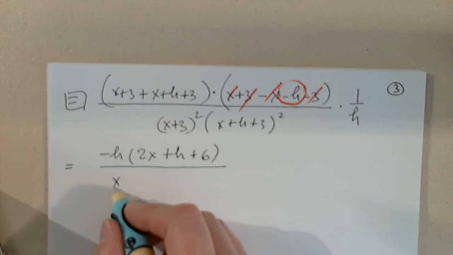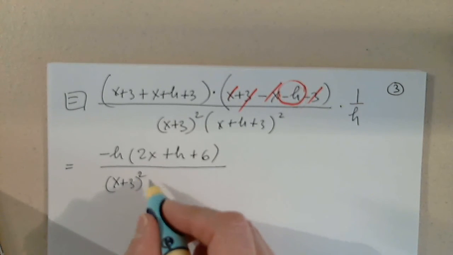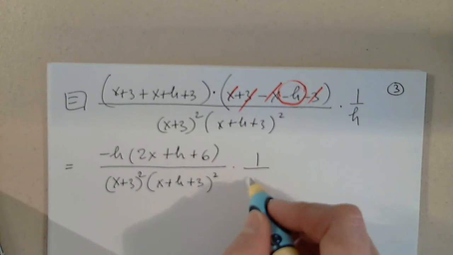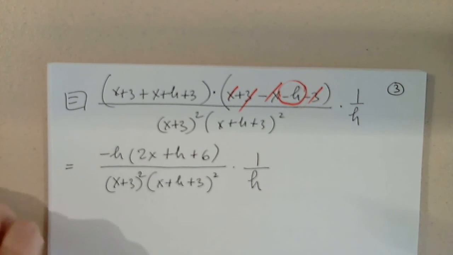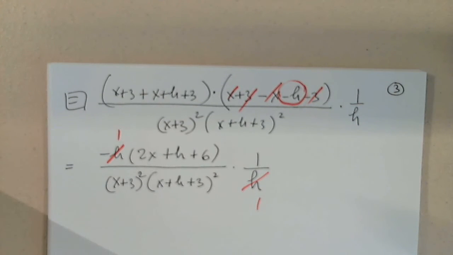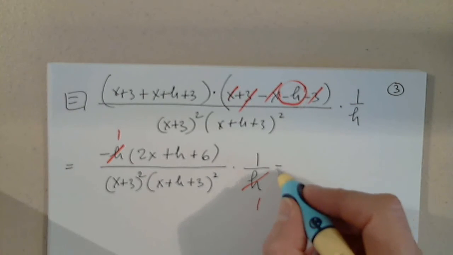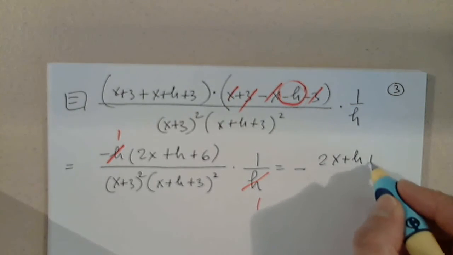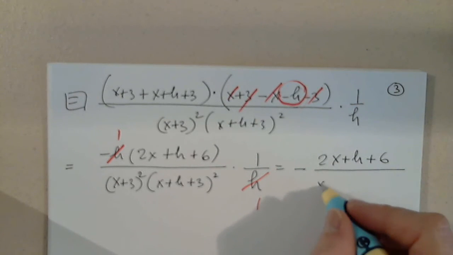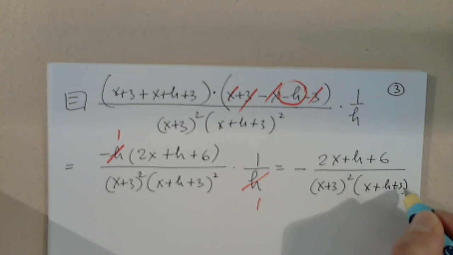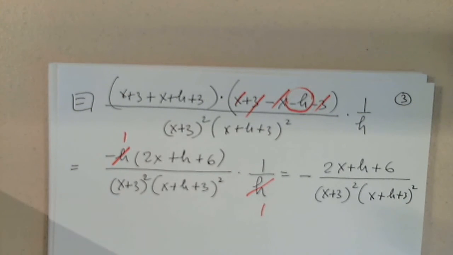Everything divided by x plus 3 squared, x plus h plus 3 squared, multiplied by 1 over h. Therefore, final step, I'll simplify a factor from the top with a factor from the bottom. They are the same. I will keep the negative sign in front, and I have 2x plus h plus 6 over x plus 3 squared, x plus h plus 3 squared.